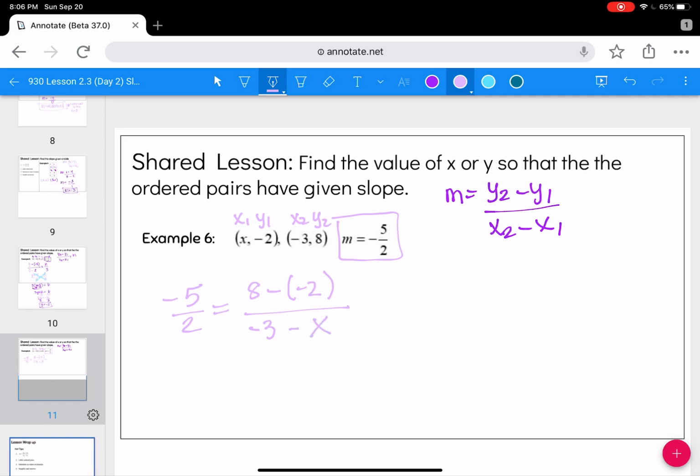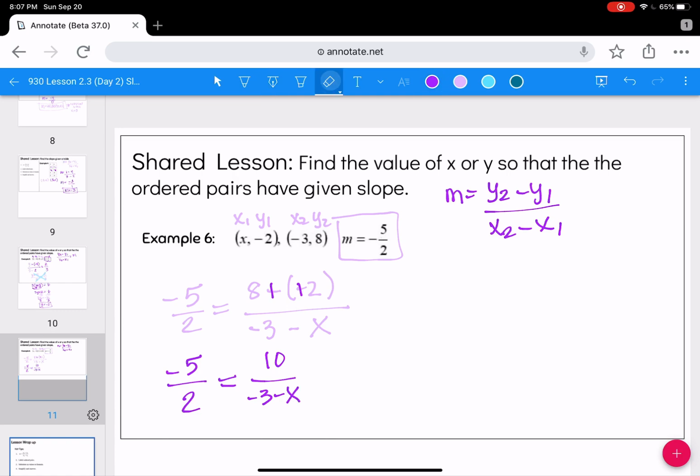So again, I'm solving for x here, and I'm given my slope. So I'm going to simplify here. When I do 8 minus negative 2, if I subtract a negative, it turns into a positive. So I have 8 plus 2, which is 10, over negative 3 minus x.